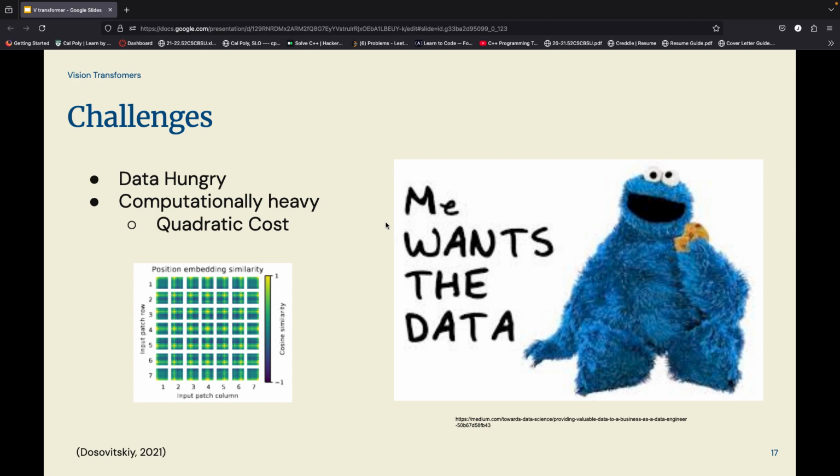However, transformers don't have this inductive local bias. Therefore, this has to be learned, and to learn this, we need a bunch of data. And once we have enough data, you can see.